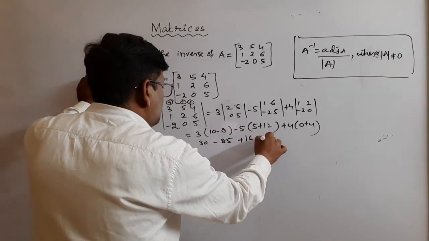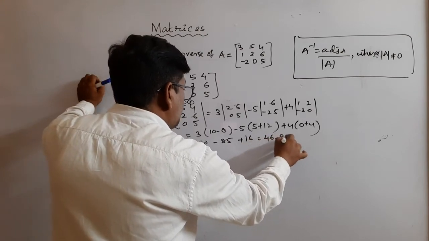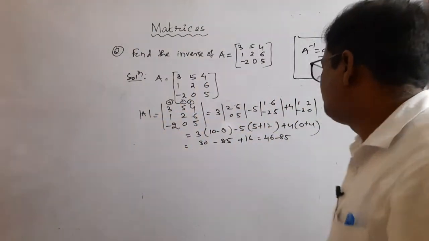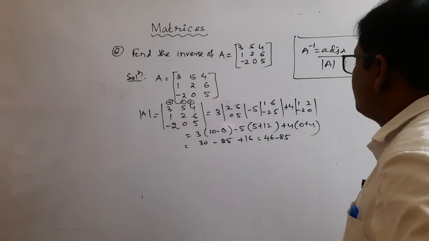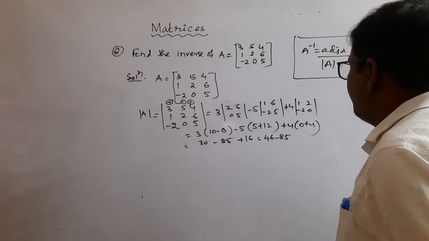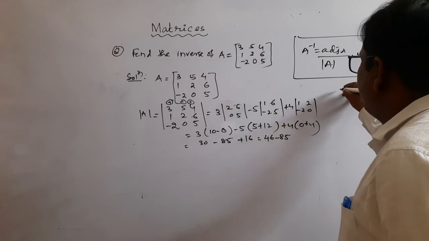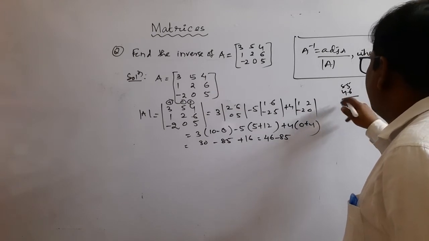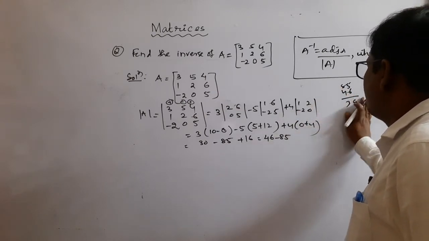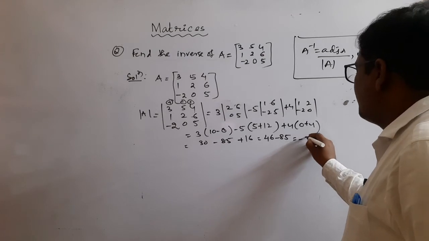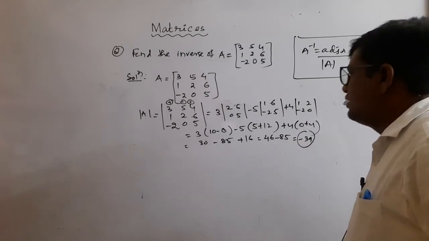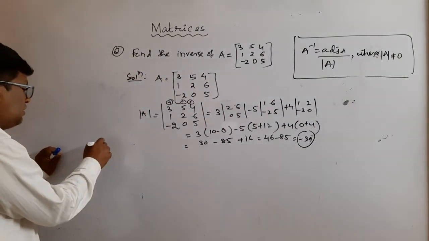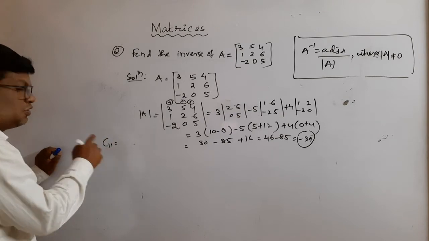So this is 46 minus 85, which is minus 39. Minus 39 is the value of the determinant.